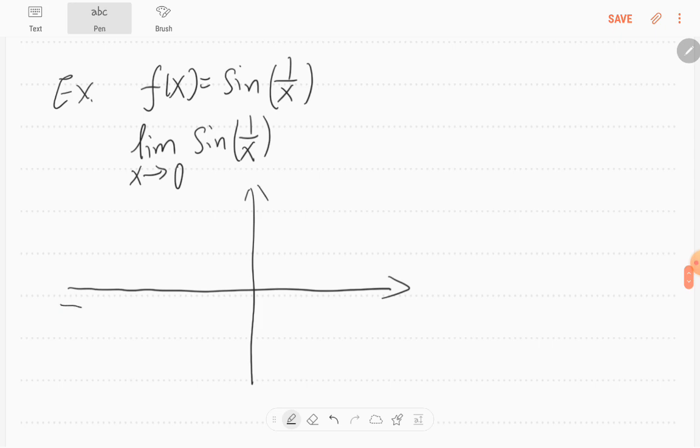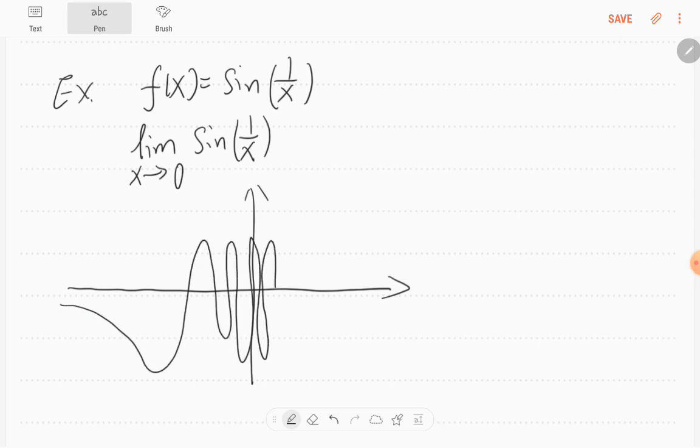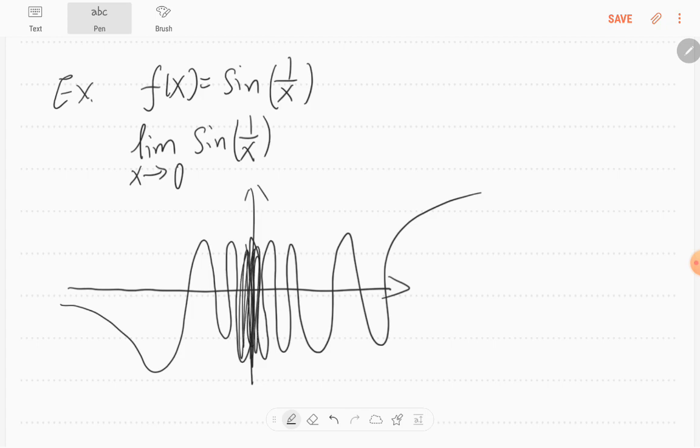the graph will look like this one, right? When x approaches 0, the graph will oscillate between 1 and negative 1. Okay, oscillating between 1 and negative 1.